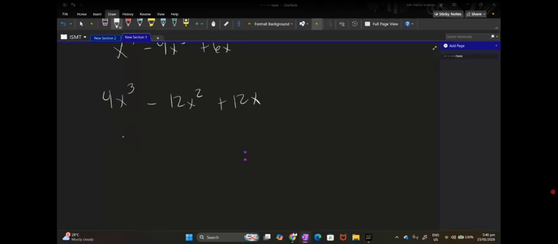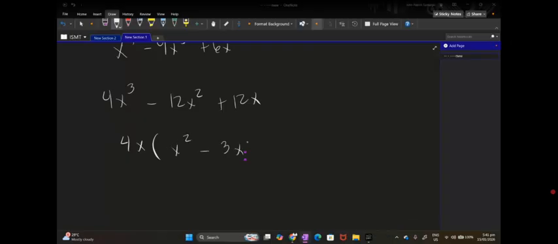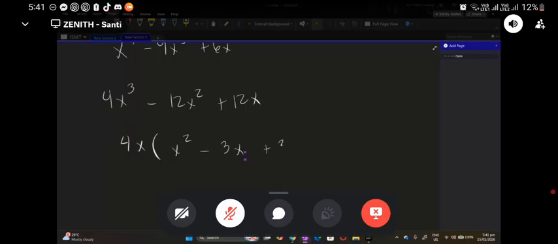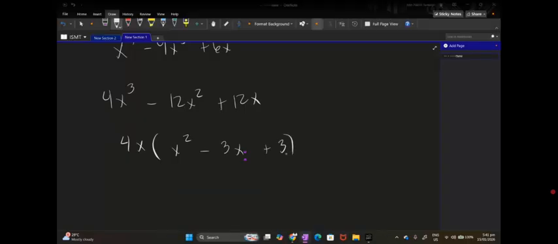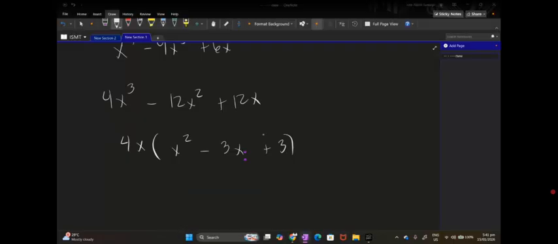Ayun lang. So, let's try this. So, if we're gonna factor it, pwede natin malabas. It's gonna be x squared minus 3x plus 3. Tama ba? Tama. Then after that, pwede natin i-factor yung x squared minus 3x plus 3. So, x, ala, hindi pala pwedeng ma-factor itong.